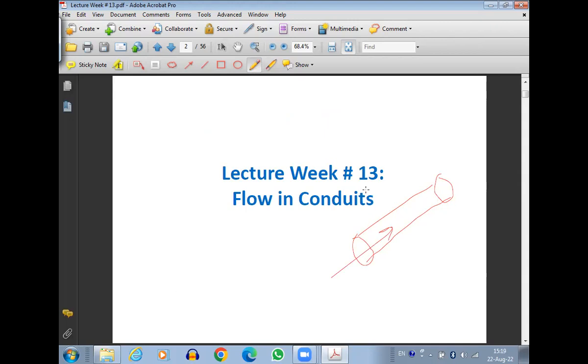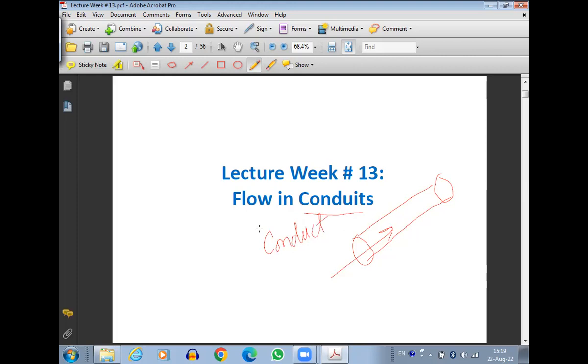Now, this pipe could be circular in cross section, rectangular, triangular, hexagonal, whatever be the shape. If there is any specific pipe through which the fluid can flow, that is a conduit. Conduit is an English word, and it comes from the word conduct, and conduct means to pass on.